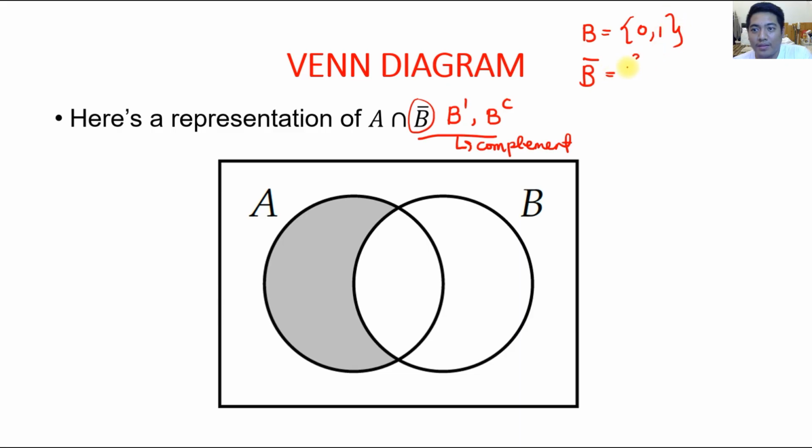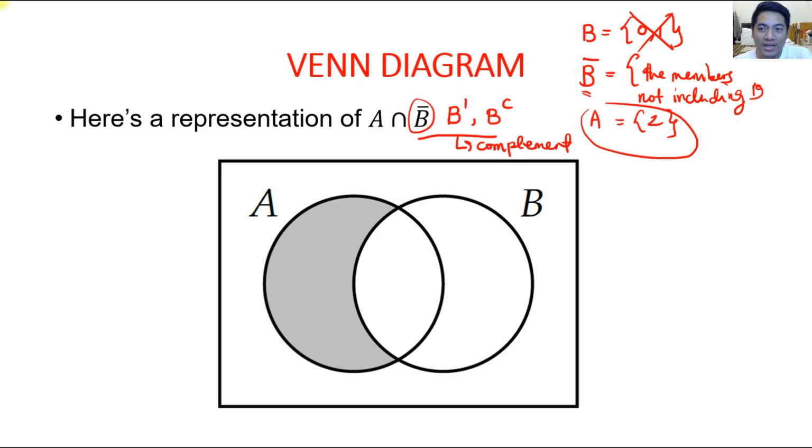The B complement are the members not including those of B. So for example, if you have set A as 2, the 0 and 1 are not included, hence it is called complement. So the B complement will be considered as the other elements, which is A.